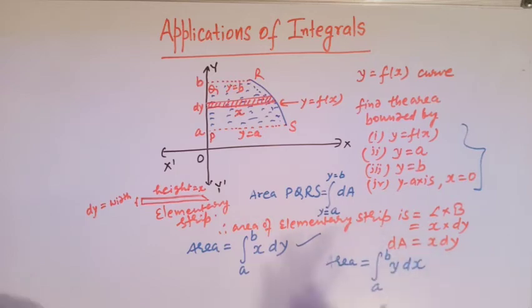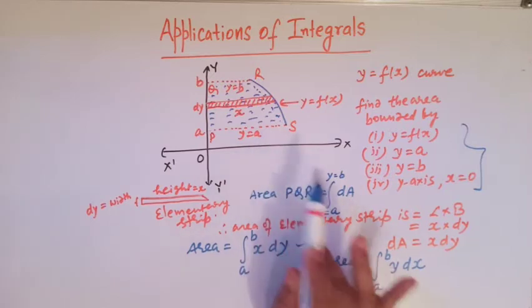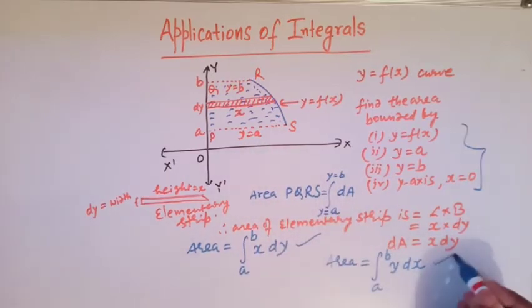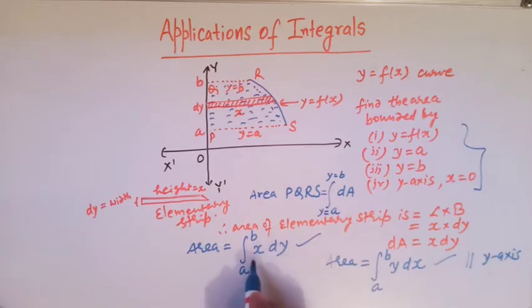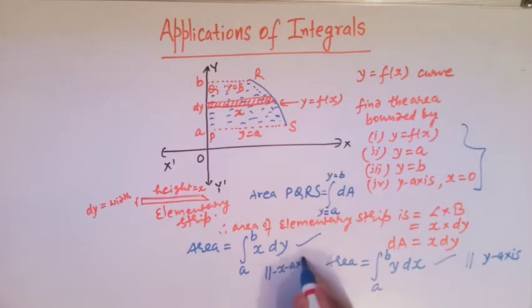So we can take either of the two methods, but the commonly used method is the one in which we take the elementary strips parallel to the y-axis. Sorry, I misspoke. Clear? And here the elementary strips are parallel to the x-axis, right?